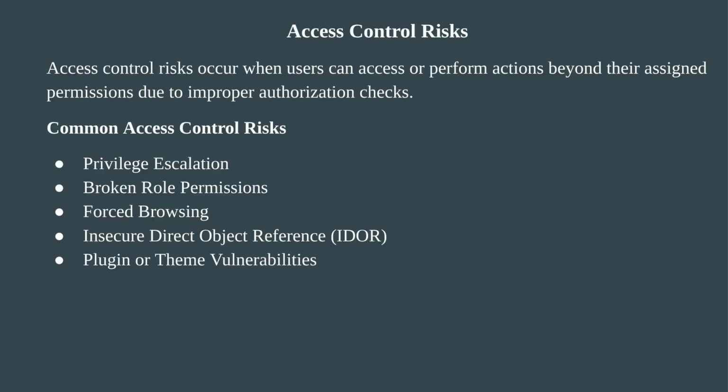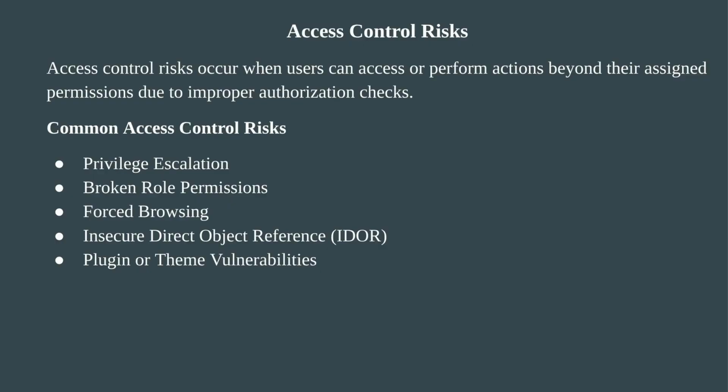Access control risk. When access control mechanisms are not implemented correctly, several security risks may occur. One example is privilege escalation, where a user gains higher privileges than intended. Another risk is broken role permission, where users are incorrectly granted permissions.